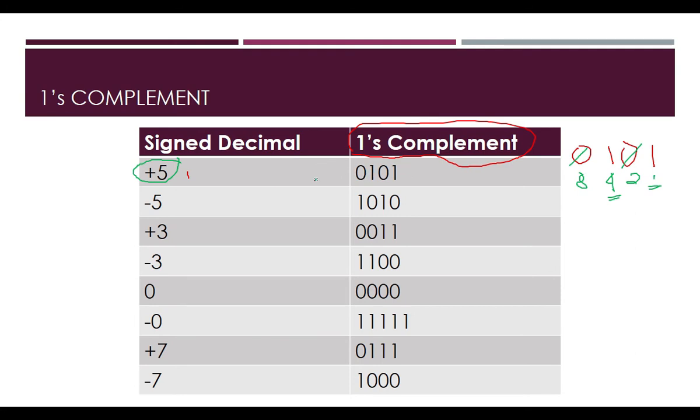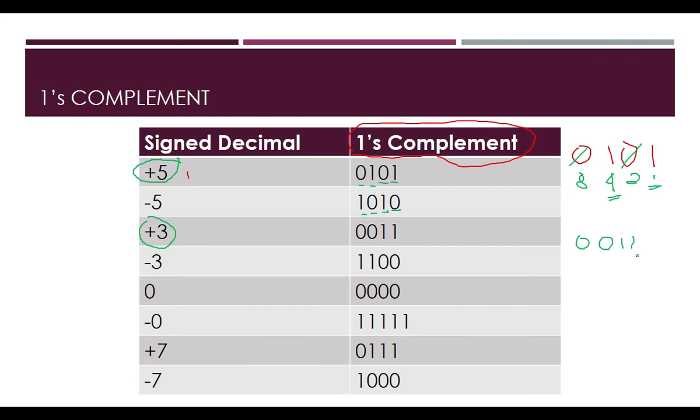Now, what is negative 5 in binary? Let's use 1's complement. We need to invert all the bits. So 1 becomes 0, 0 becomes 1, 1 becomes 0, and 0 becomes 1. For positive 3, we can write 0011.